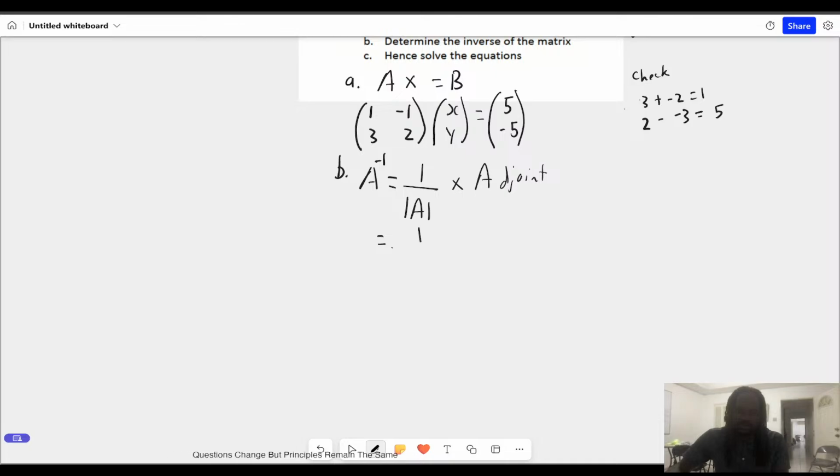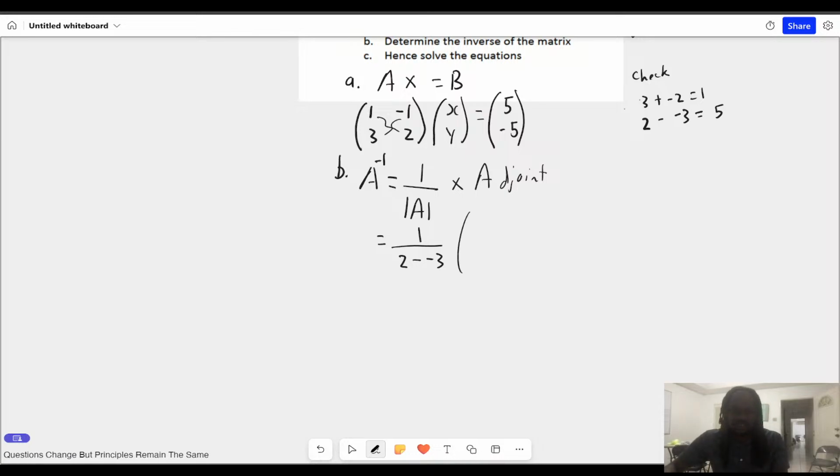One over the determinant of A: leading diagonal, that's 2 times 1, 2, minus non-leading diagonal, negative 1 times 3, negative 3. Make sure you keep that in mind.